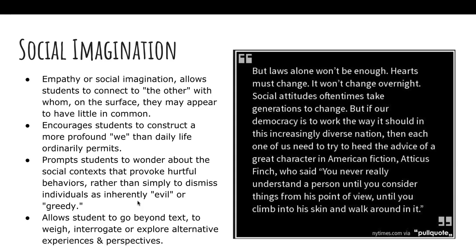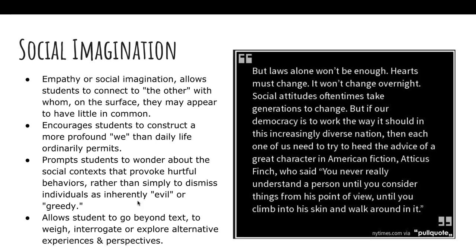And this all leads to this idea of social imagination. So I kind of wanted to highlight it because you can start to envision what this means. So the idea of social imagination, it's connected to empathy, but beyond empathy, it's really about can we engage in perspective taking to connect to people whose experiences might be different or they might be affected differently by something that is going on.